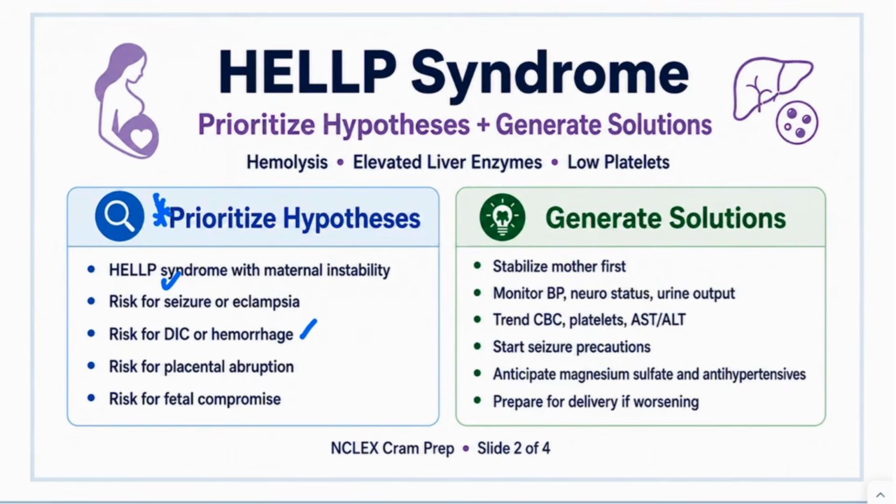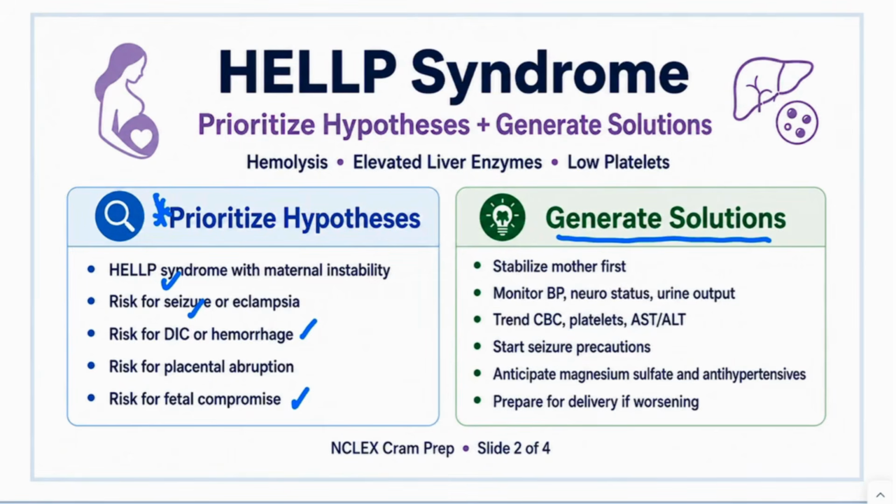Liver involvement can even worsen rapidly. The patient is also at risk for seizures, placental abruption, disseminated intravascular coagulopathy or DIC, and fetal compromise.